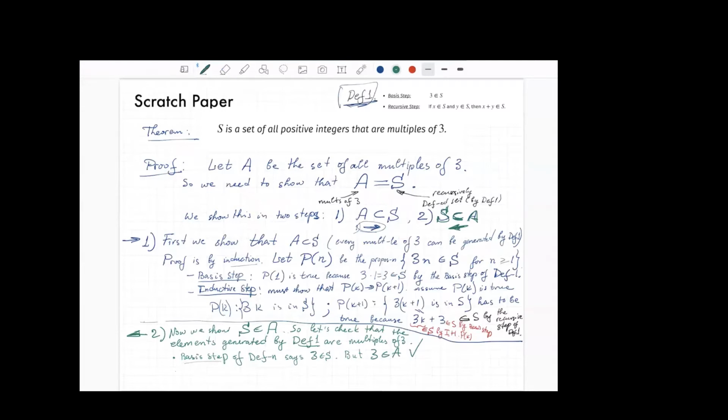Okay. Now, what do we also need to show? That if I have two elements that are themselves multiples of 3, then their sum is going to be a multiple of 3. But this is simple because you can rely on algebra. So this second direction of the proof is actually pretty straightforward.